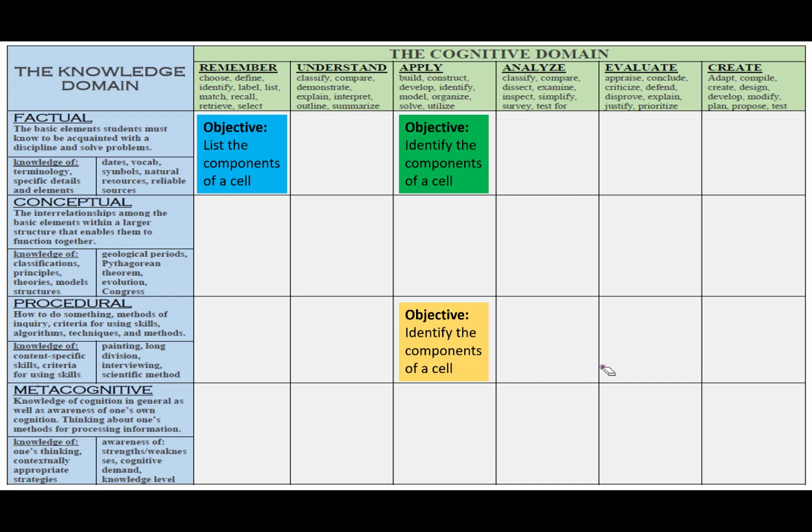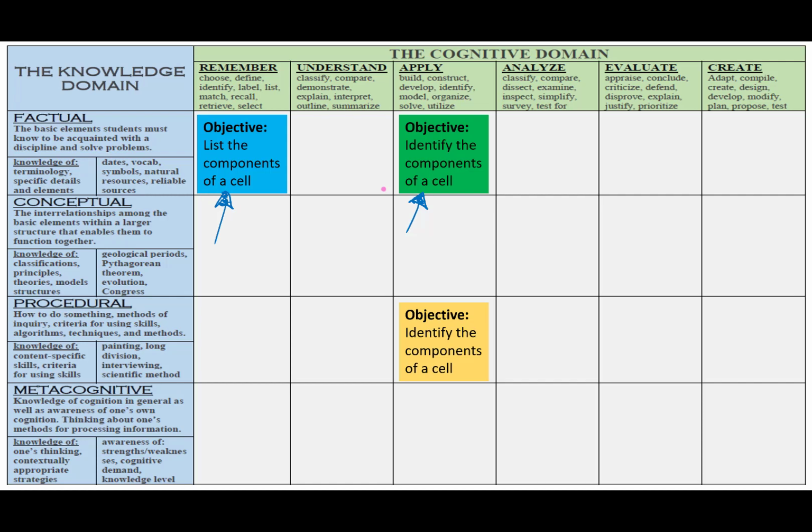Okay, well, that's a much different cognitive process than simply listing all those components from memory. So over here, we're maybe just giving them a blank sheet of paper and saying, tell me all the parts of a cell. Whereas over here, we're giving them a diagram with different things labeled and asking them to identify what those labeled components are.